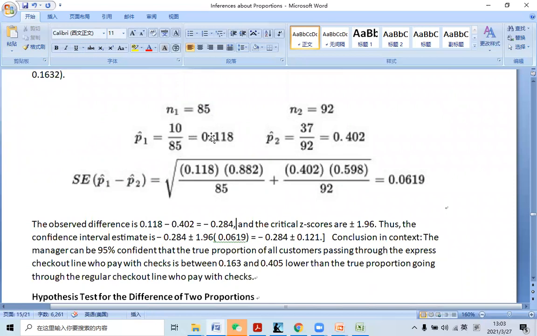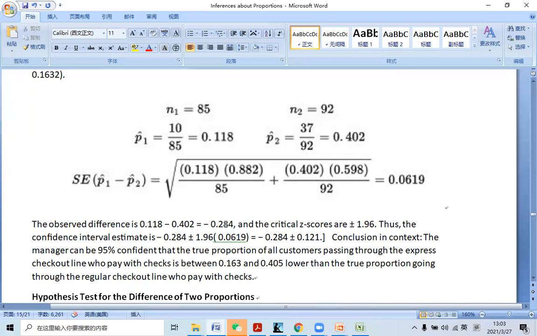That proportion is 0.118. And in the other line, the regular checkout, out of 95, 37 paid with checks. That's like 40%. And you see the difference.